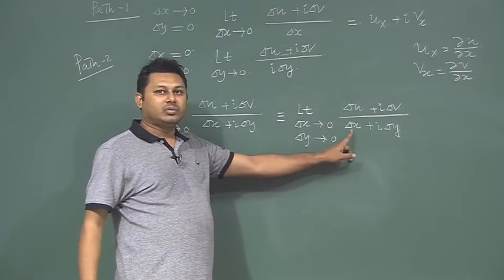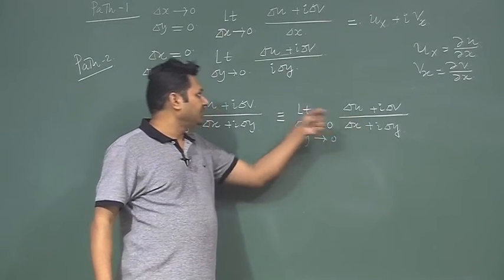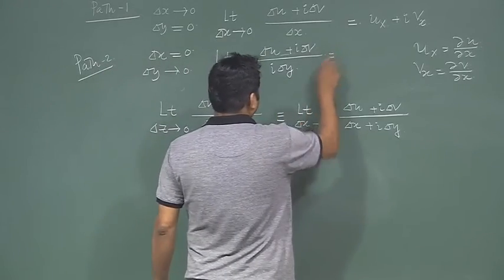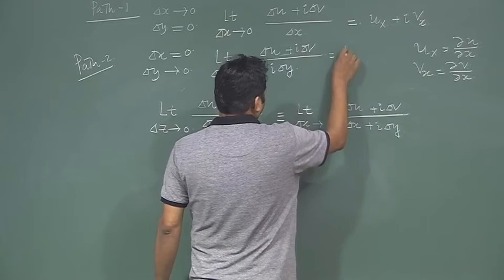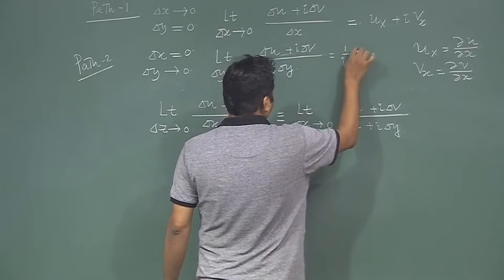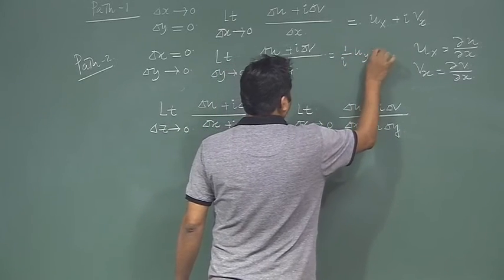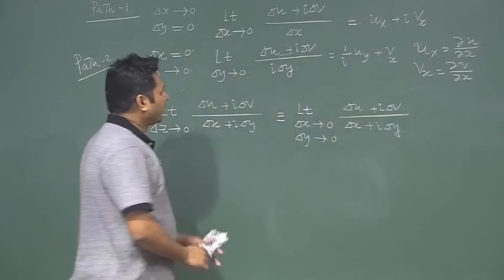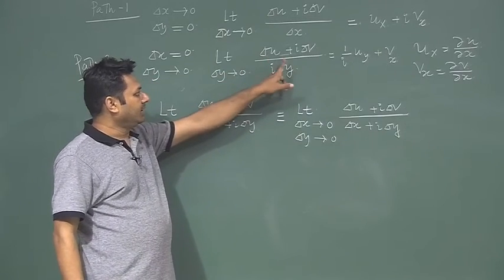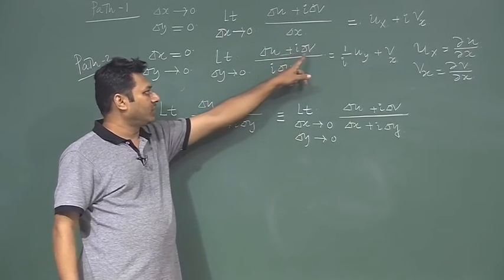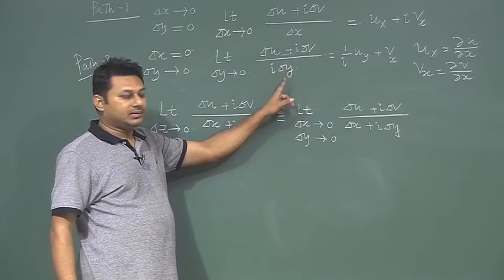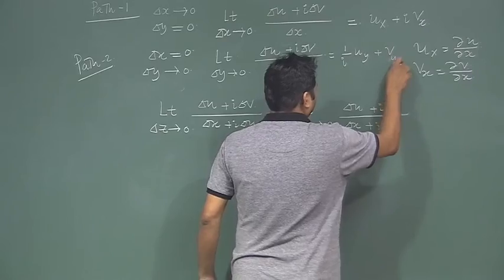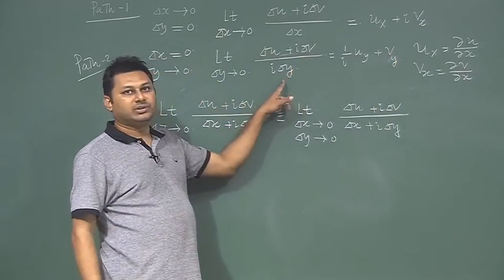Since delta x is equal to 0, the other term vanishes and only this remains. Now if I simplify, it will be 1 by i times u_y plus v_x, 1 by i times u_y, I will cut out. So I will have v_x, v_y, where v_y is the partial derivative with respect to y.